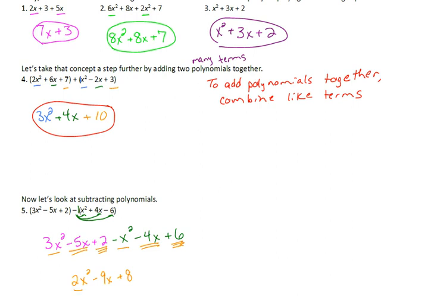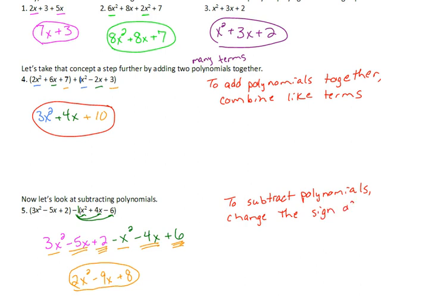So not too much different than what we did earlier, but we do have to see that to subtract polynomials, we need to change the sign of all terms in the second polynomial.